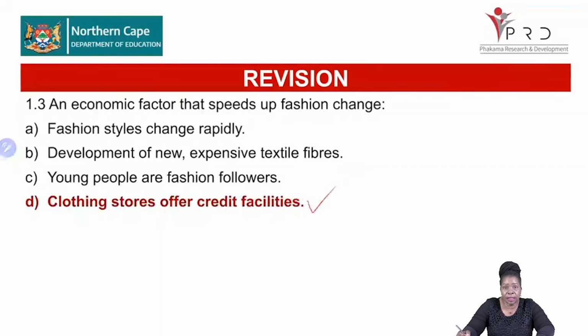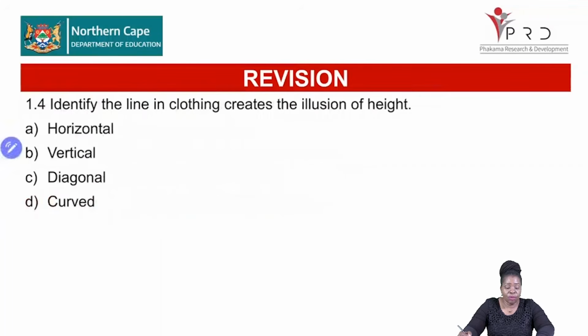Our answer is D. Let's move on to question 1.4, which says identify the line in clothing that creates the illusion of height. Vertical lines create an illusion of height.